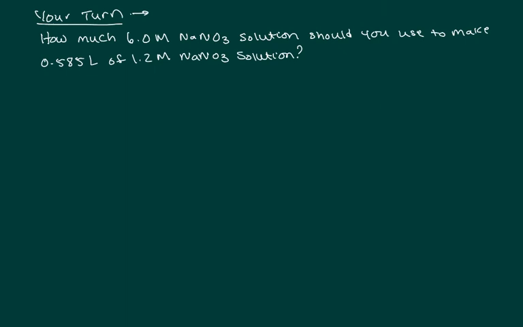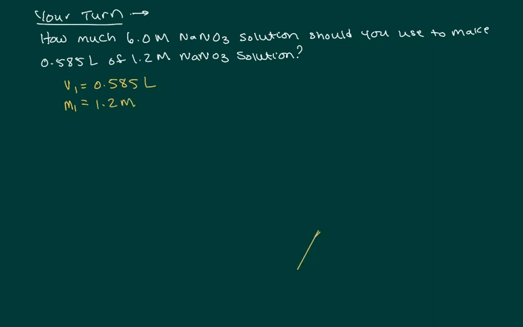Okay, now you go ahead and you give this a try. How much 6 molar sodium nitrate solution should you use to make 0.585 liters of 1.2 molar sodium nitrate solution? Okay. So let's identify my variables here. It looks like my volume 1 is going to be 0.585 liters. My concentration, the molarity of my solution that I need is going to be 1.2 molar.